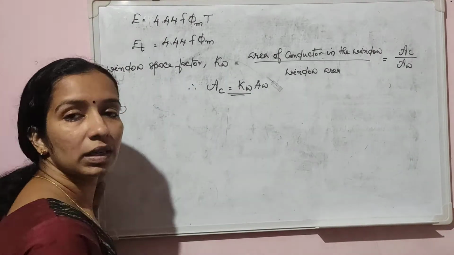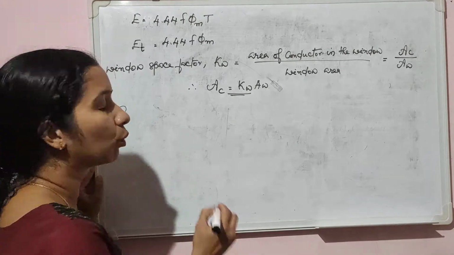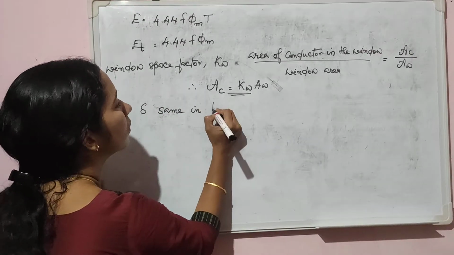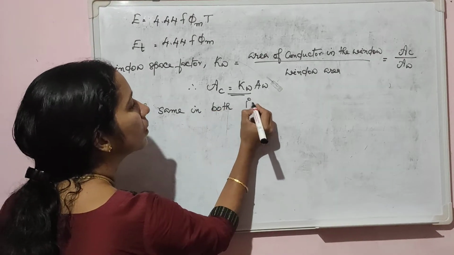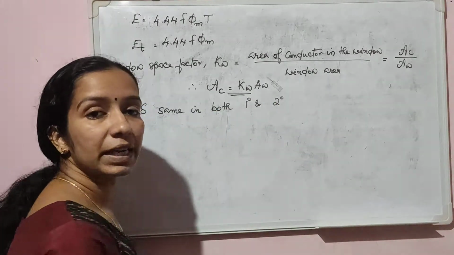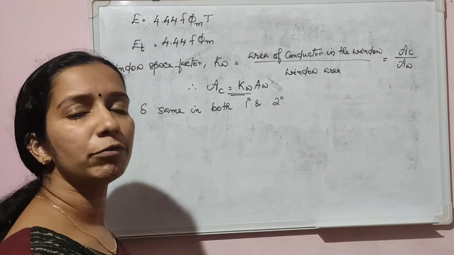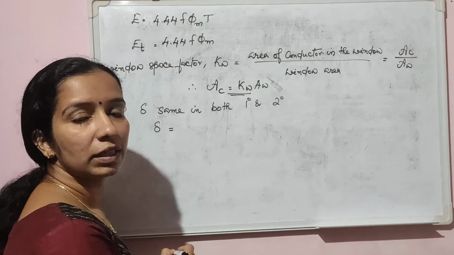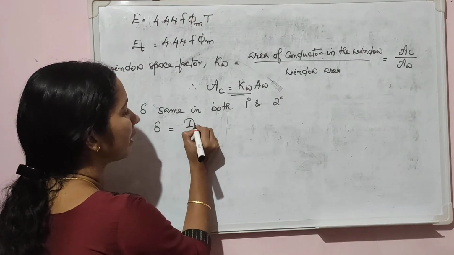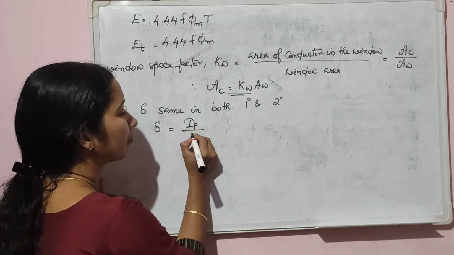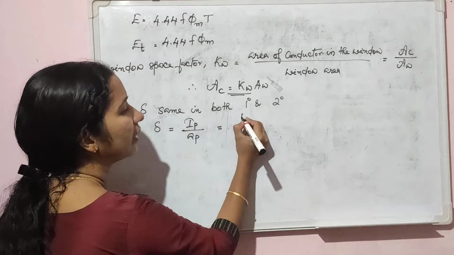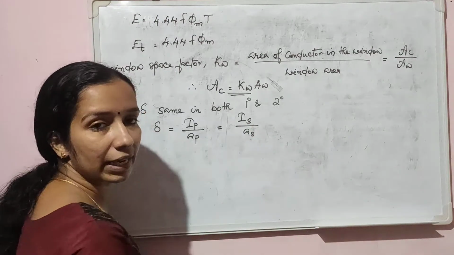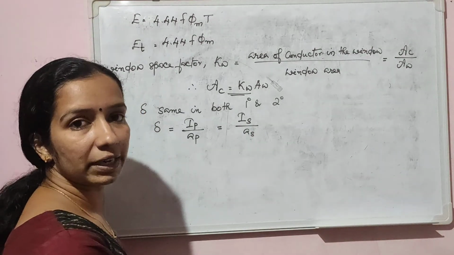First one is the current density is same in both the windings. So first we assume that the current density is same for both the windings. So we know the equation for current density. Current density is current divided by area. So in case of primary it is IP by AP, and in case of secondary it is secondary current divided by area of the secondary winding, that is IS divided by AS.